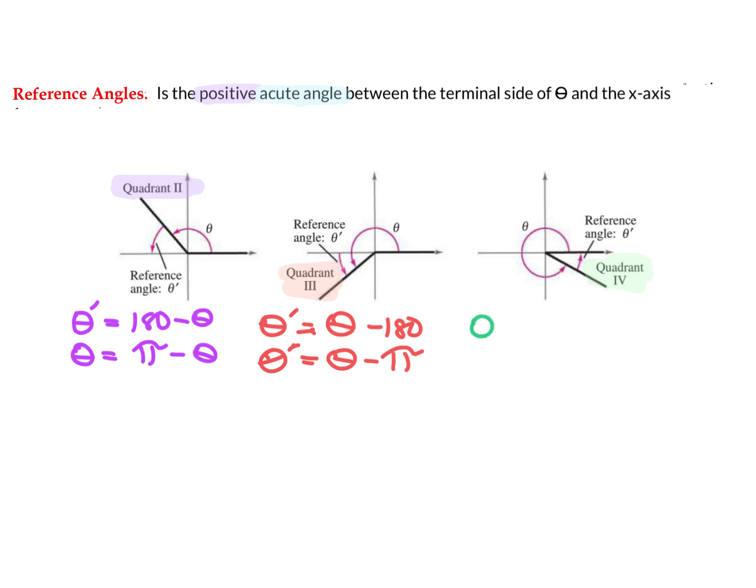To get theta prime, we're going to start with 360 and subtract the angle, or we're going to start with 2 pi and subtract the angle. So that's the things we have to remember when we're trying to find the reference angle. That's going to make more sense when we work with our unit circle and fill in those.